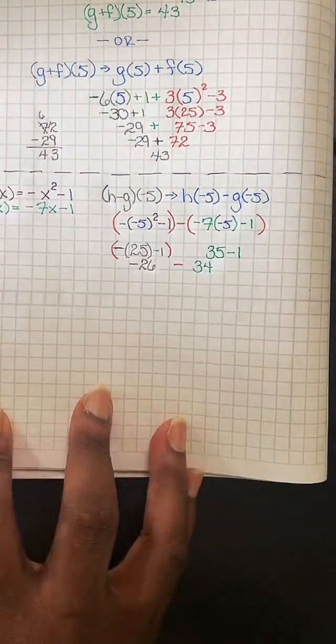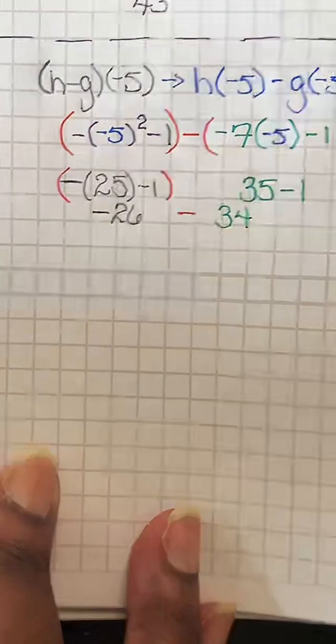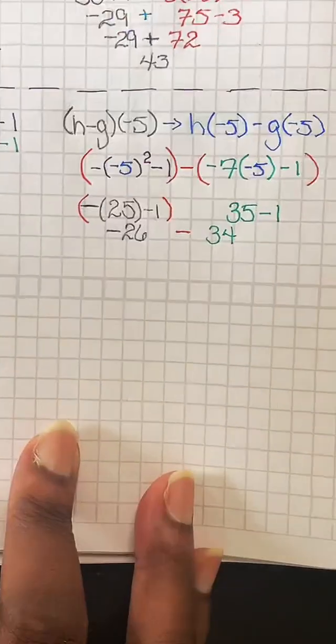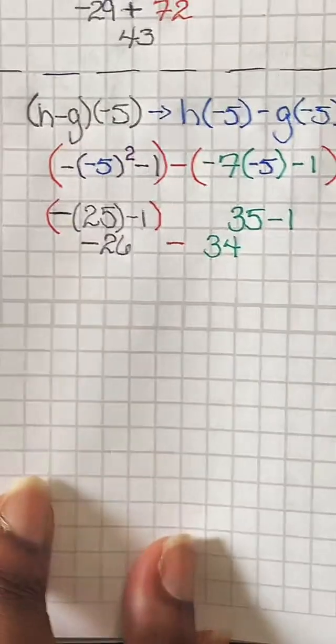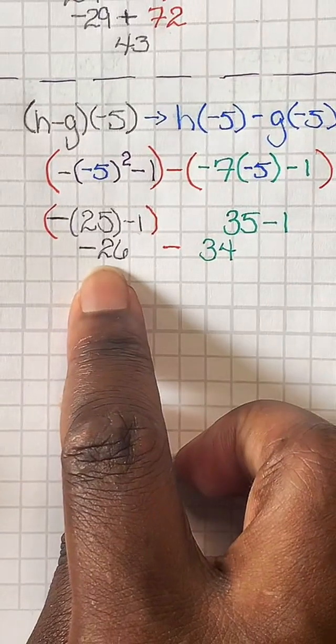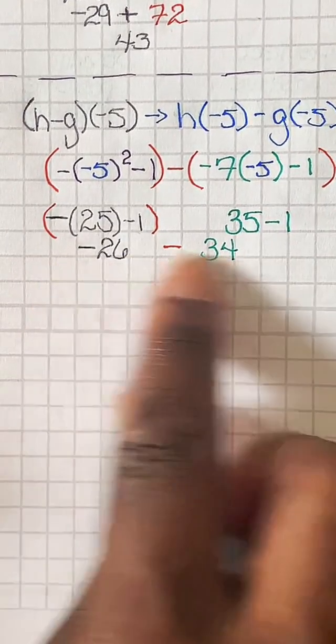So if we notice, now we have a -26 and a -34. Both of them are negative.